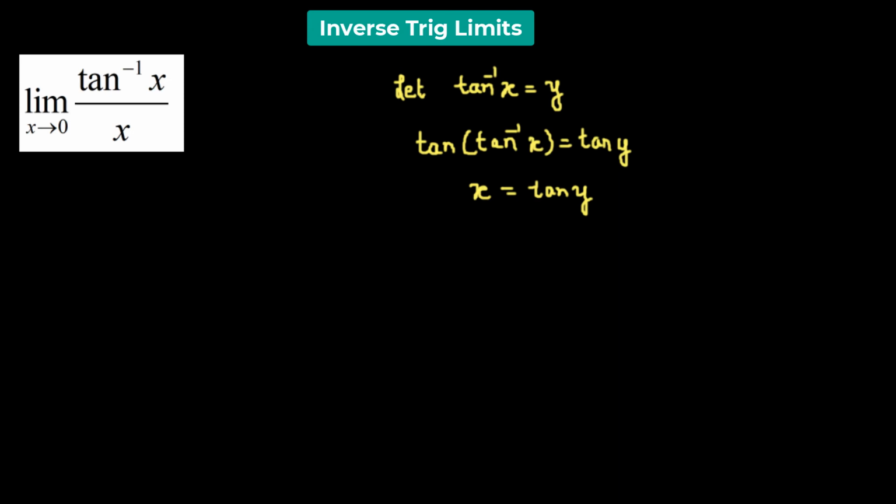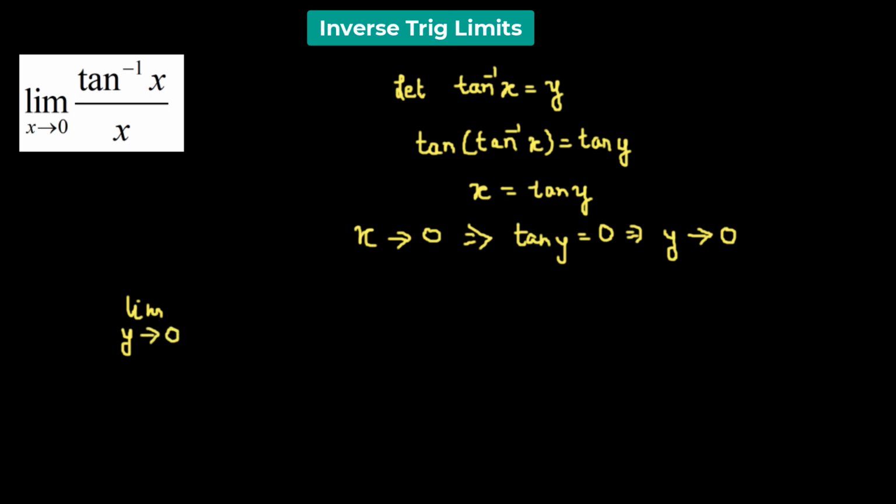Also the limit is going to change. So when x approaches 0, that implies tangent of y is going to be equal to 0, which implies y is approaching 0. So our limit now becomes limit y approaches 0. So we have tangent inverse of x, that will become y, divided by x.